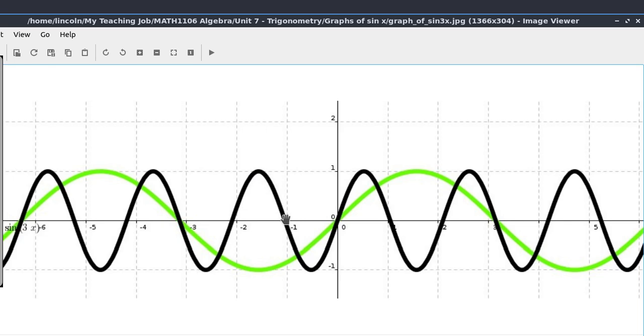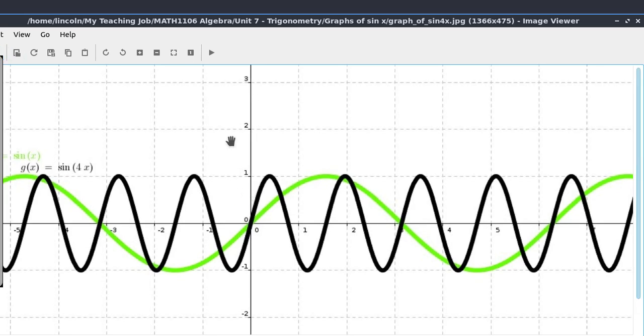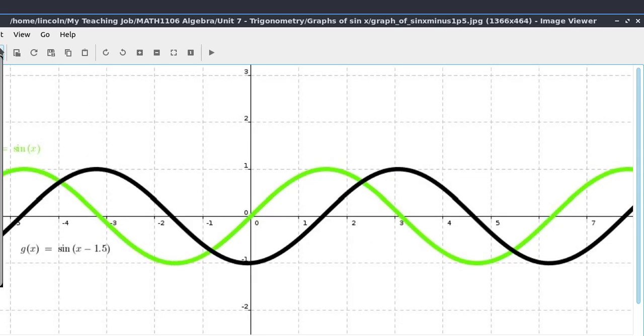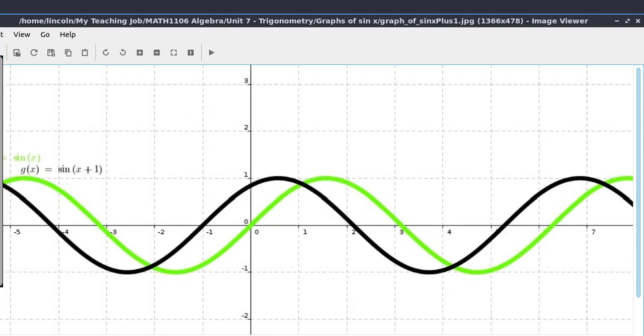That's once. Down from 0 to minimum, back up to 0 to maximum, then back down to 0. That's twice. Down from 0 to minimum, back up to 0, then up to maximum, then back down to 0. That's 3 times. So it does it 3 times, 3x. You triple the frequency. Alright, so here you get the idea.